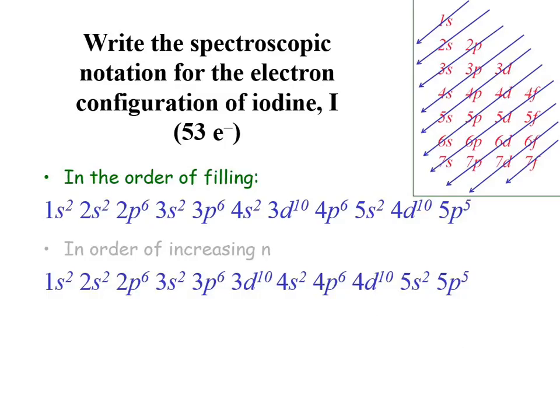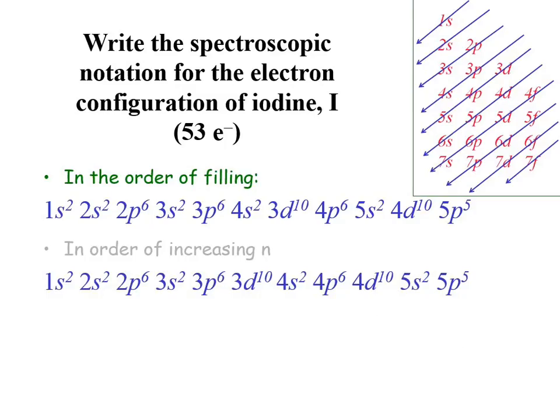In the abbreviated rare gas notation, we simply ball all of those up. So we ball everything up from 4p6 back to the beginning, and we put Kr in brackets. So all we have to account for is these guys on the end here.